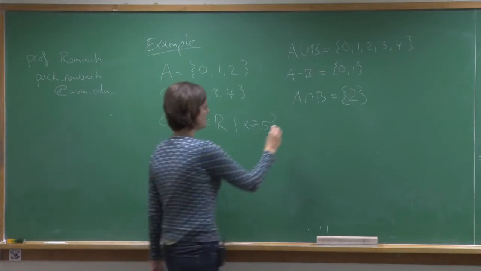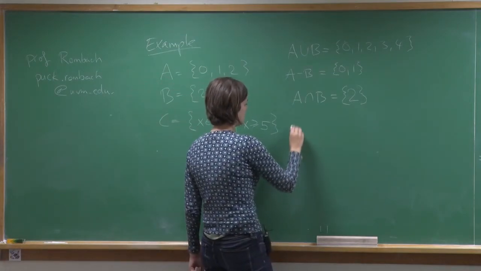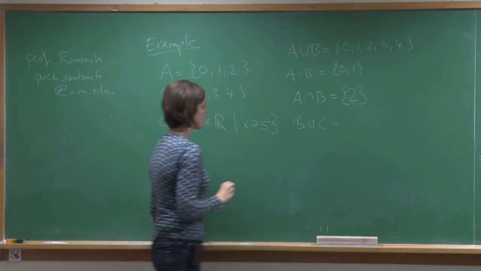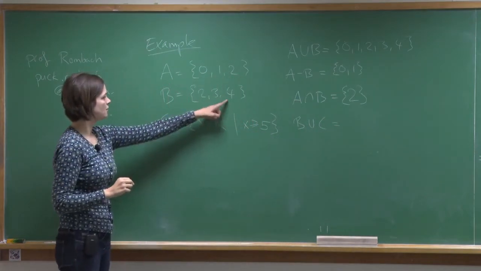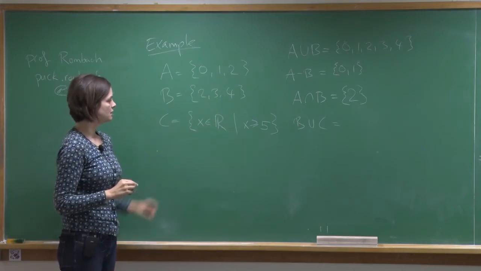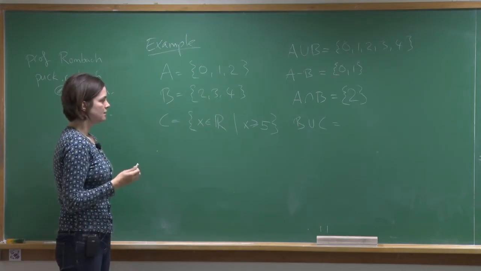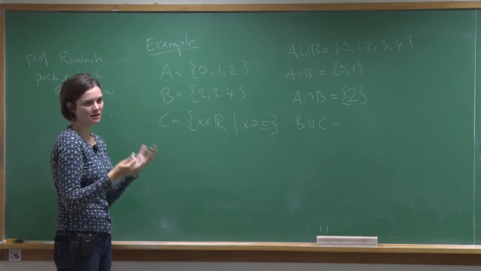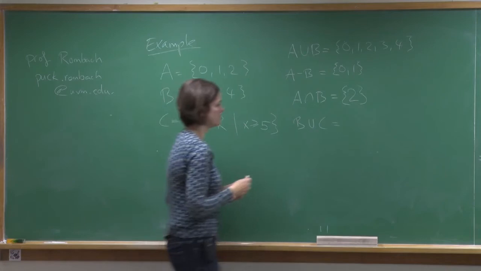So then, for example, if we take the union of B and C, then we get 2, 3, 4, and then all the real numbers that are at least 5. There's not really an elegant way to write that down that's any more elegant than basically the definition of the union.